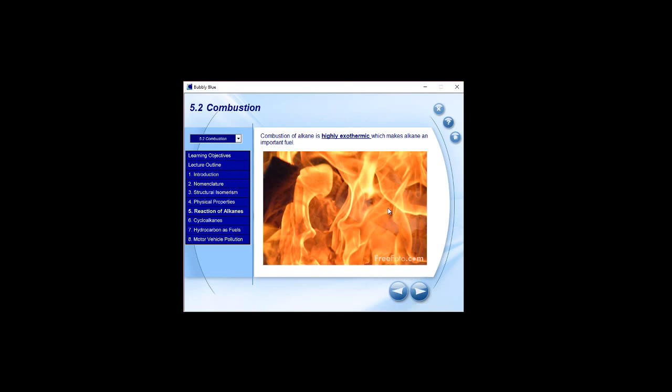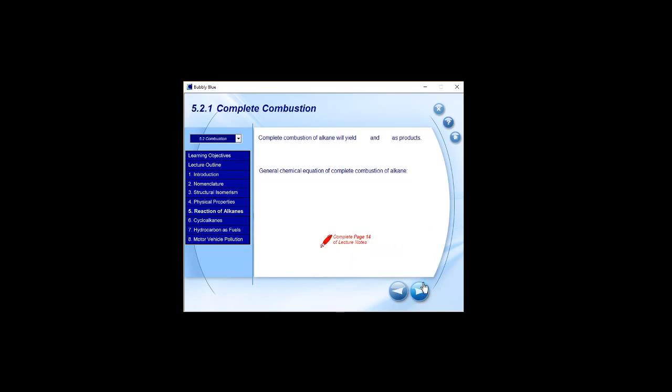The combustion of alkane is a highly exothermic reaction. This makes alkane an important fuel which we can use in our daily life. Alkanes can undergo two types of combustion: complete combustion and incomplete combustion.